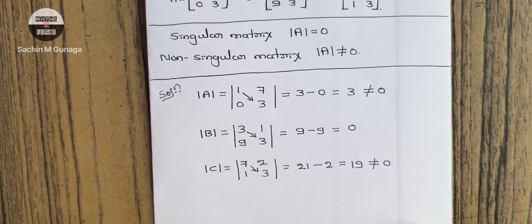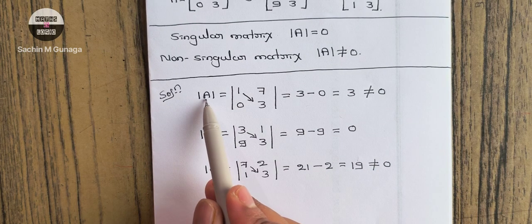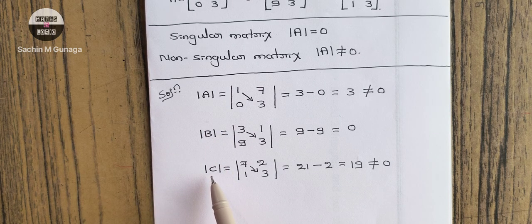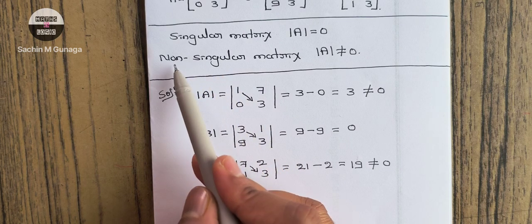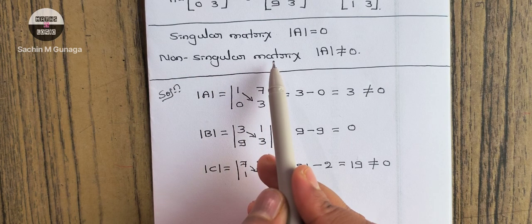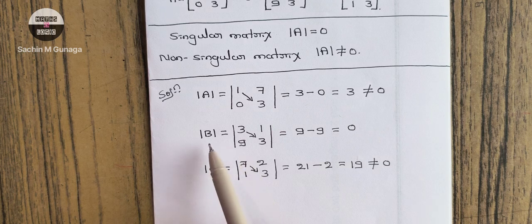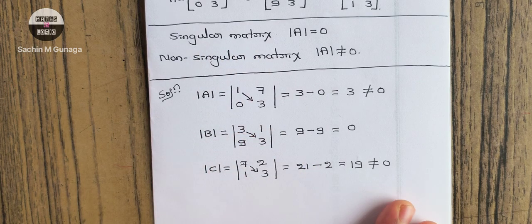So finally what we are getting here, for the determinant of A and the determinant of C, we are not getting 0. Therefore these two matrices are non-singular matrices. Similarly, only for the determinant of B we are getting 0. Therefore this matrix is singular.